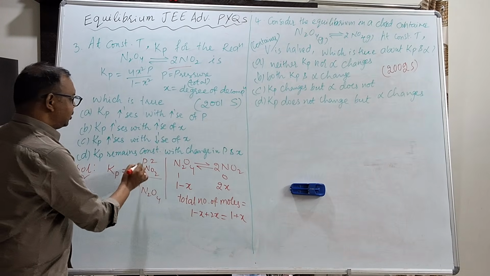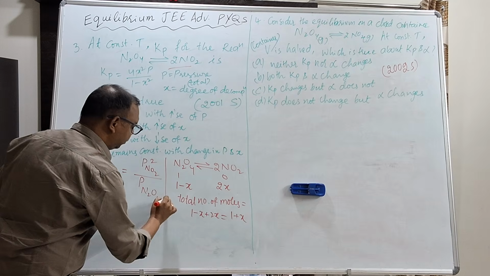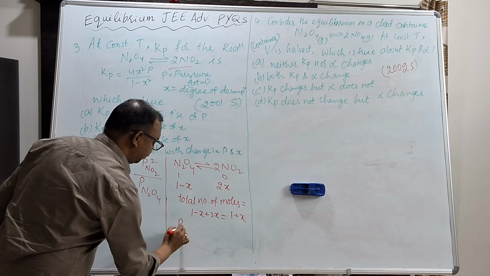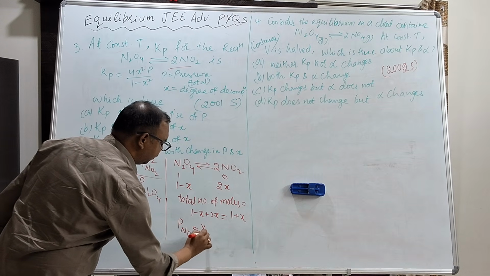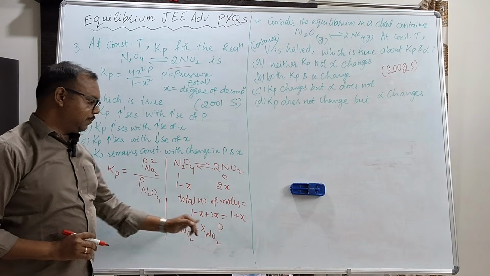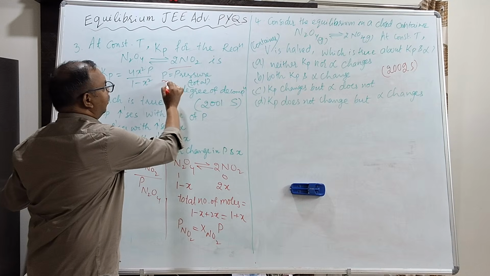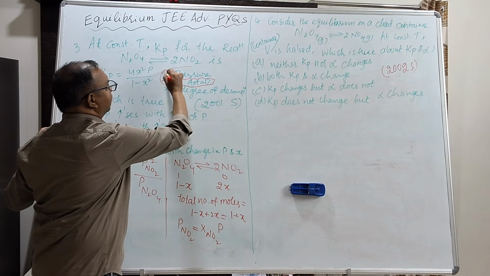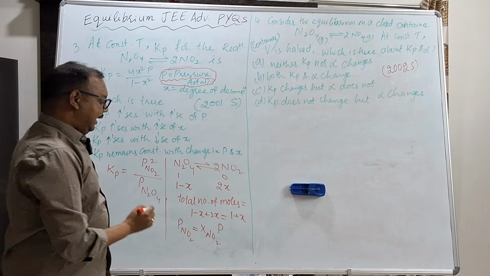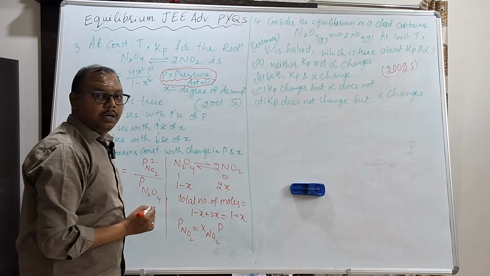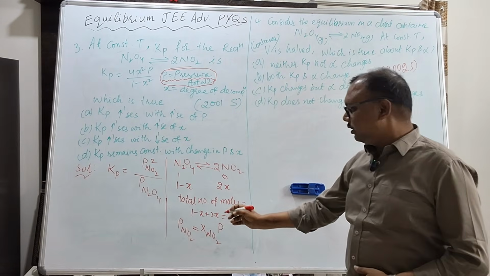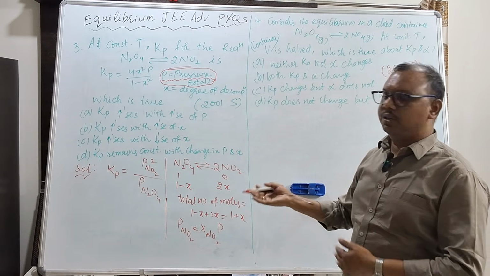And the partial pressure of NO2, according to Dalton's law of partial pressures, PNO2 is equal to XNO2 into total pressure P. PNO2 is the partial pressure, P is the total pressure, and x into P according to Dalton's law. X here is the mole fraction, keep that in mind all of you, the mole fraction of NO2 in the gaseous mixture.